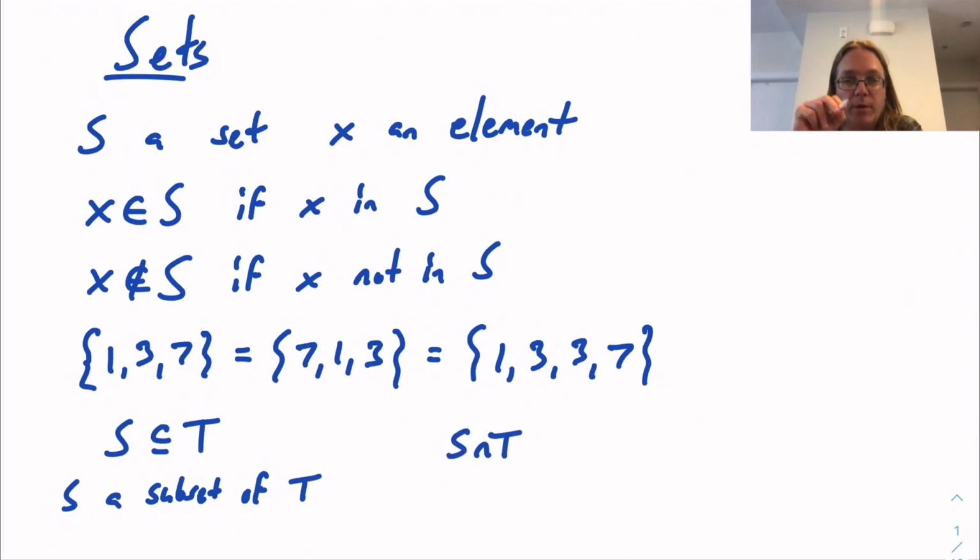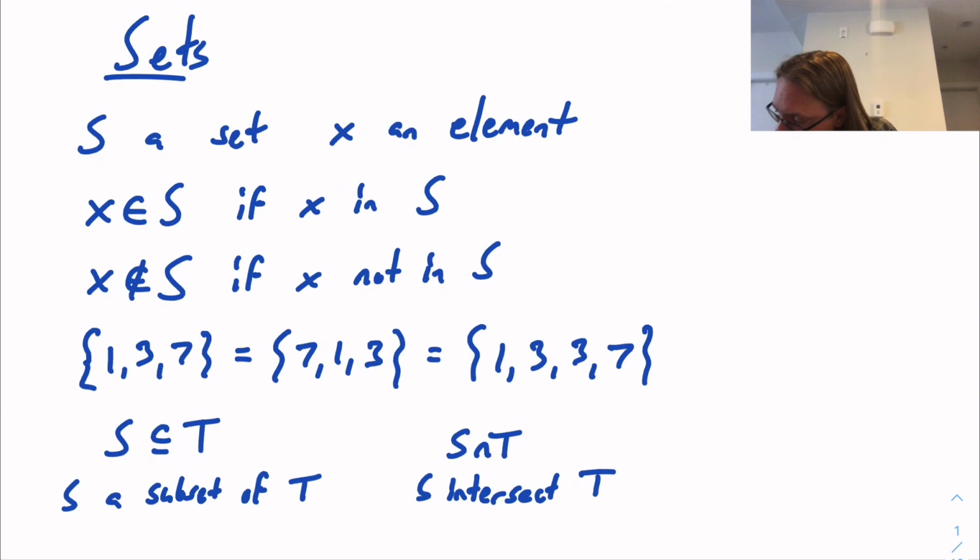This symbol, this little upside down U without the tail, that denotes intersection. So if S and T are sets, this S intersect T, that's all of the elements that are common to the two sets, that are in both S and T.